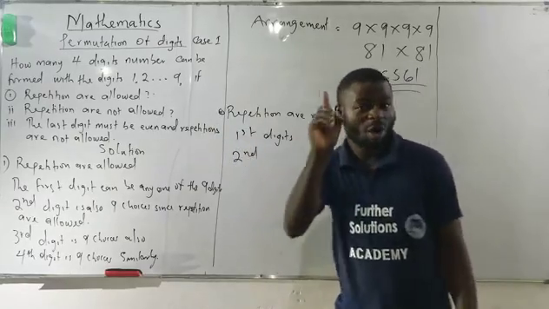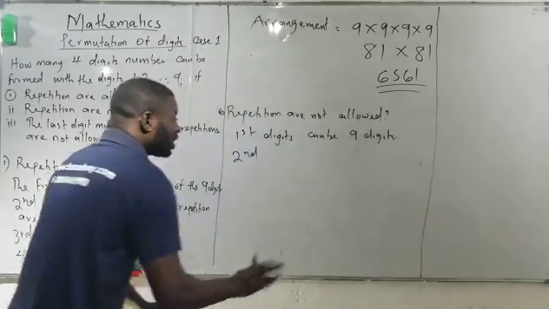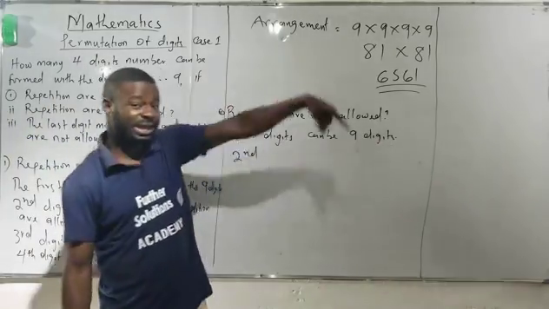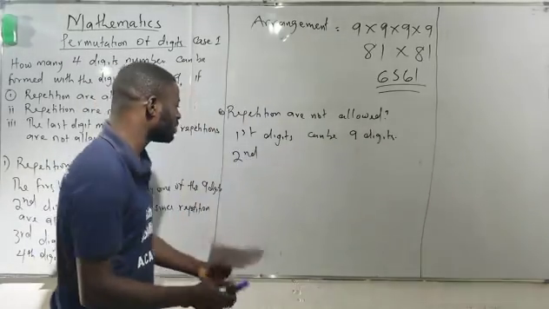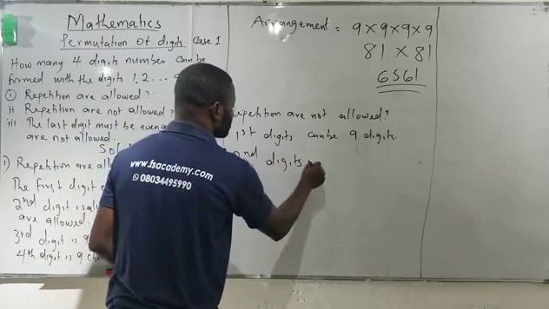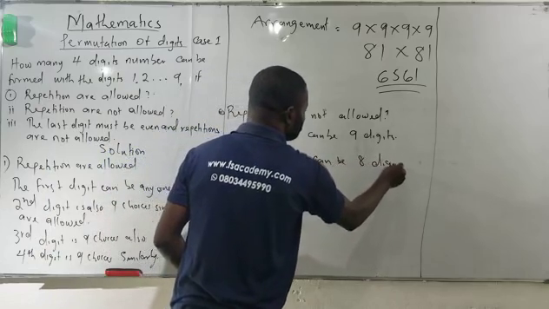So the 9 digits are all single items. It means the first one you pick out of 9, you will not pick again. If you pick 1, 1, it's allowed. It's not disallowed. Now, the second digit can be 8 digits.